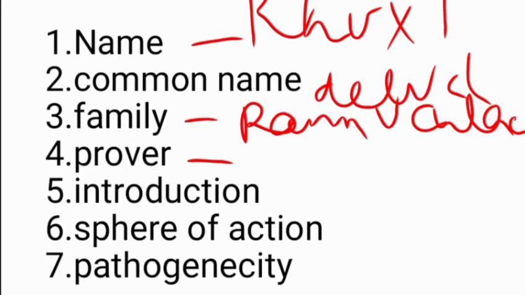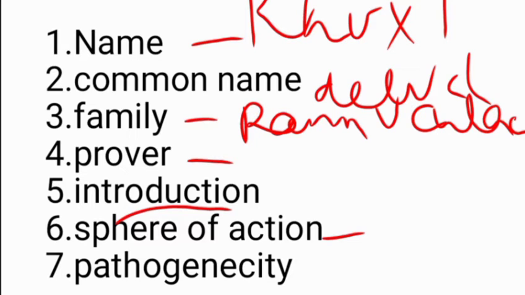Then the fifth point is the introduction. In the introduction, we should write the general area where Aconitum napellus acts. If we take the example of Aconitum napellus, it mainly acts in rheumatic fever, severe pain, joint pain, endocrine disorder. In the introduction you should write in that way. Then what is the sphere of action? It is commonly asked in questions how to write the sphere of action of any drug.